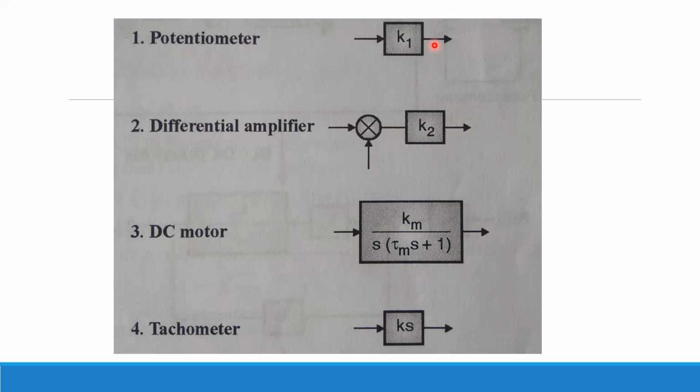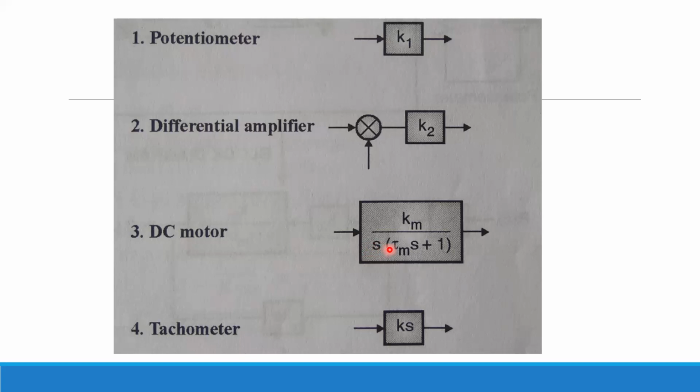Now K1's output will be given to K2 as the input. K2's output will be given to the DC motor, and the DC motor's output will be given to the tachometer. For a DC motor, the transfer function is Km divided by S (tau m S plus 1).